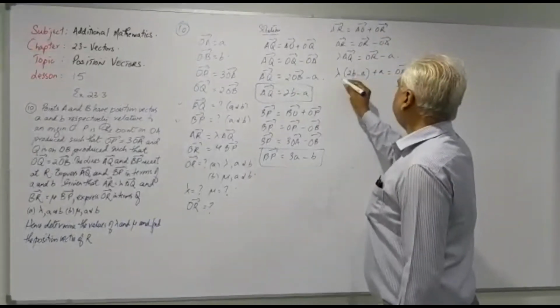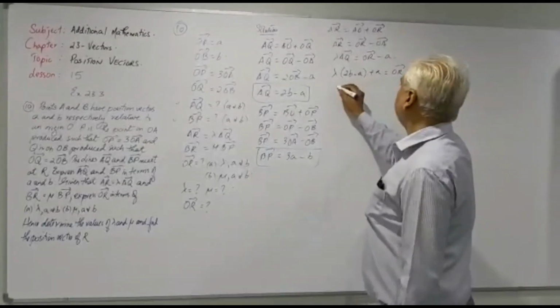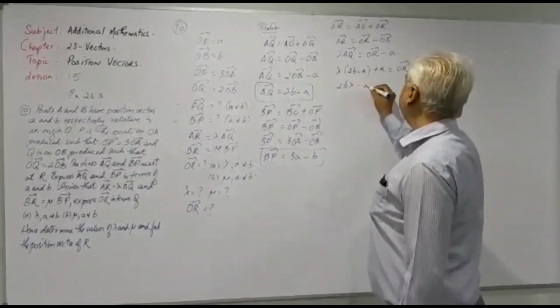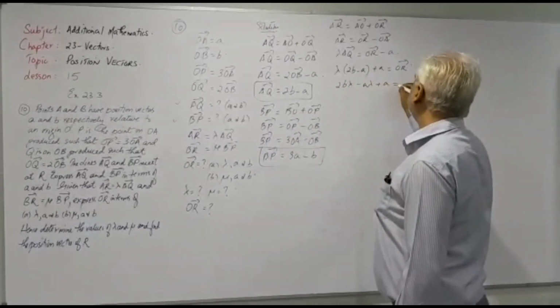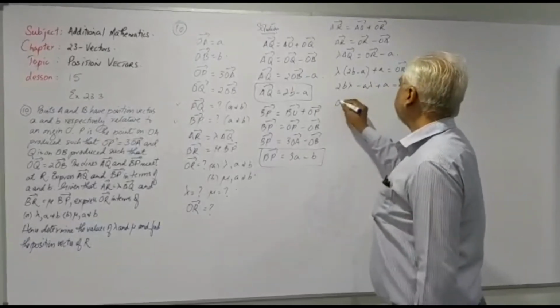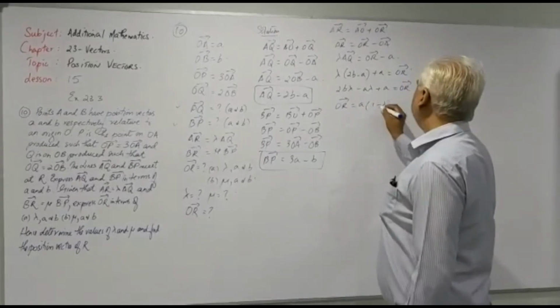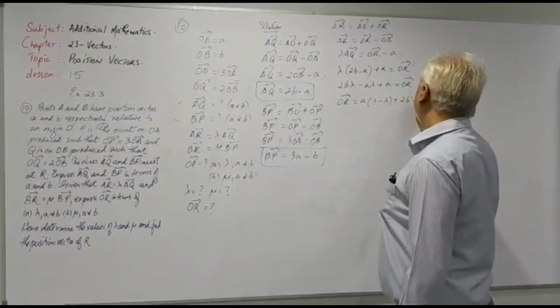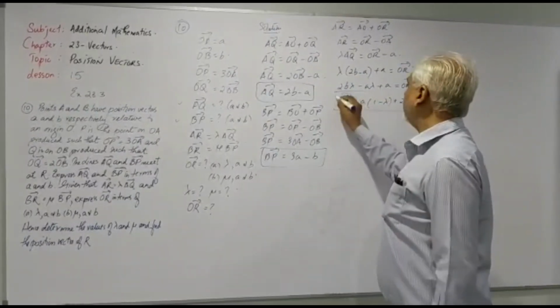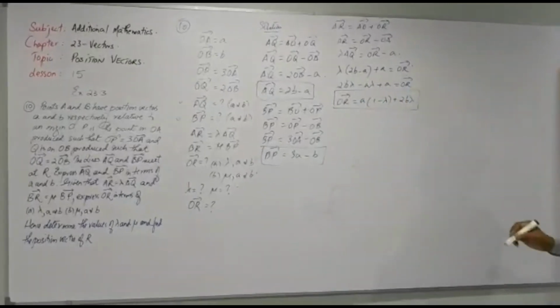So let's expand this bracket: 2B lambda minus A lambda plus A is equal to OR. Hence I can say OR is equal to, taking A common, 1 minus lambda A plus 2 lambda B. This is what OR is equal to.